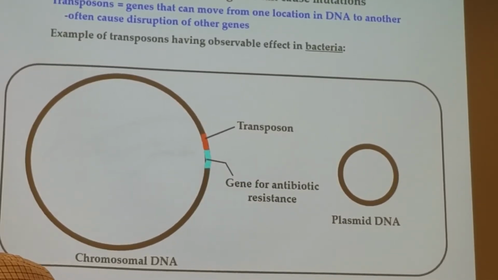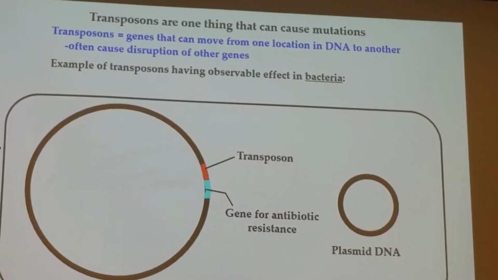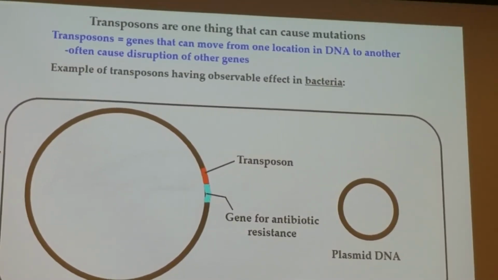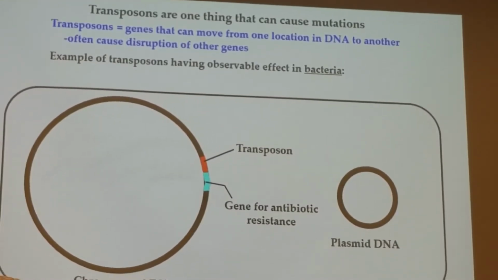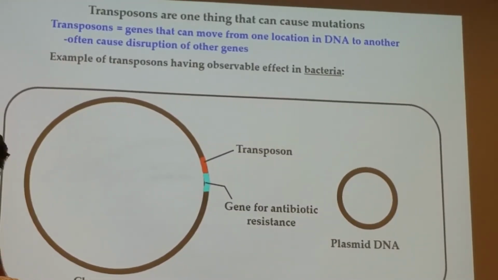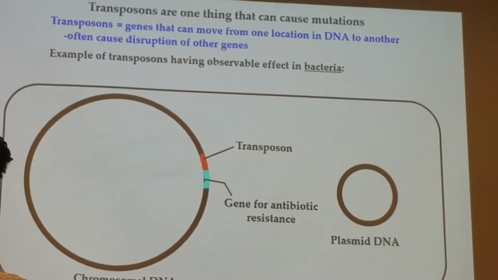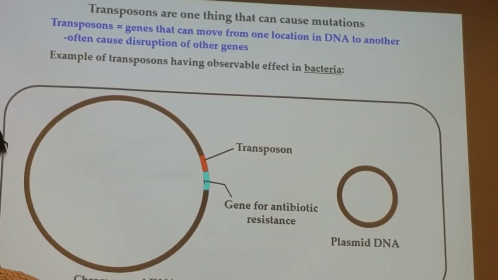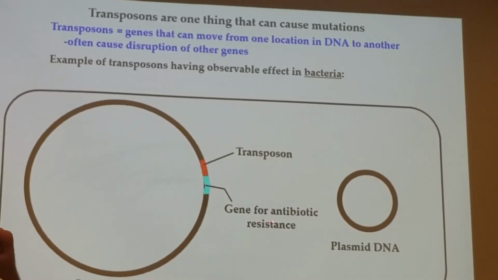I thought advantageous genes are only in plasmid DNA, and chromosomal genes are just necessary for surviving in its natural environment. In most cases, yes, but there are some things that might cause plasmid DNA segments to become part of chromosomal DNA segments. Transformations. Right. Okay. So yeah, you probably wouldn't find that.